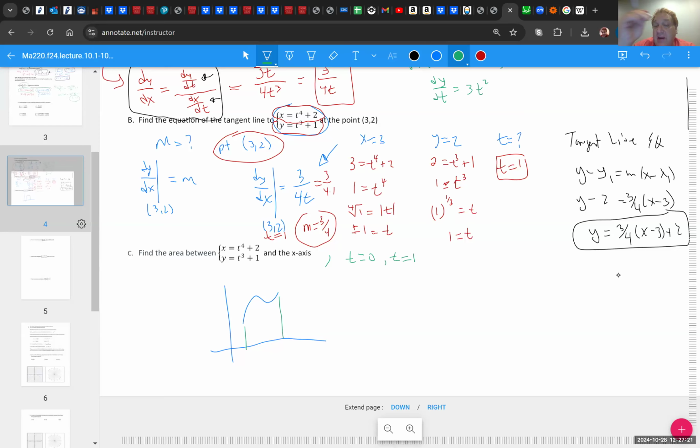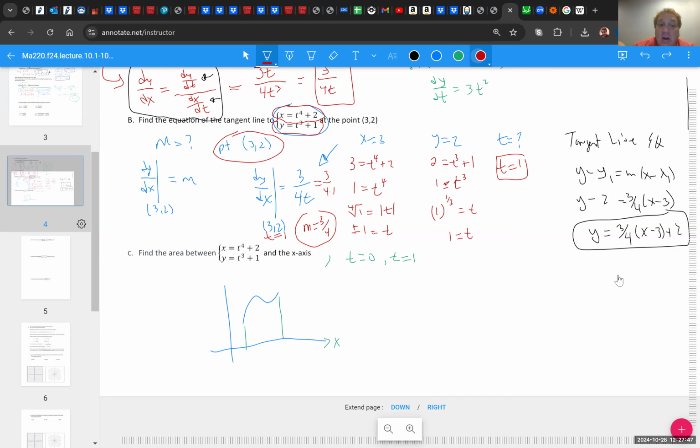And say we're going to find the area between the parametric equations and the x-axis from t equals 0 to t equals 1. All right, so we got some funky function or non-function, some graphy thing. We got the x-axis right here, and we're trying to find the area in between. So this area right here between the parametric equation and the x-axis.